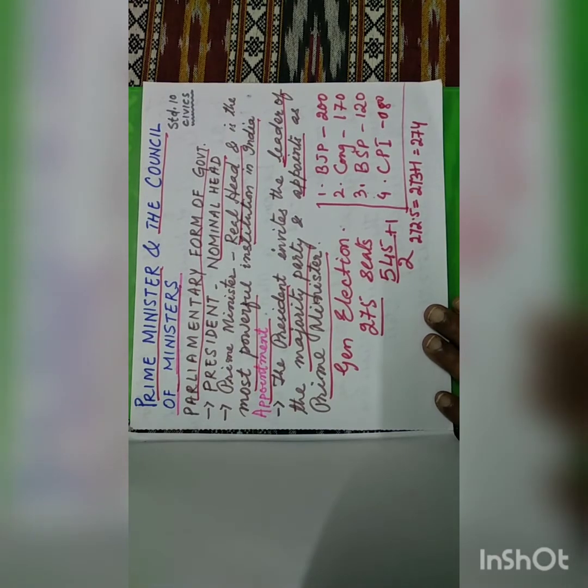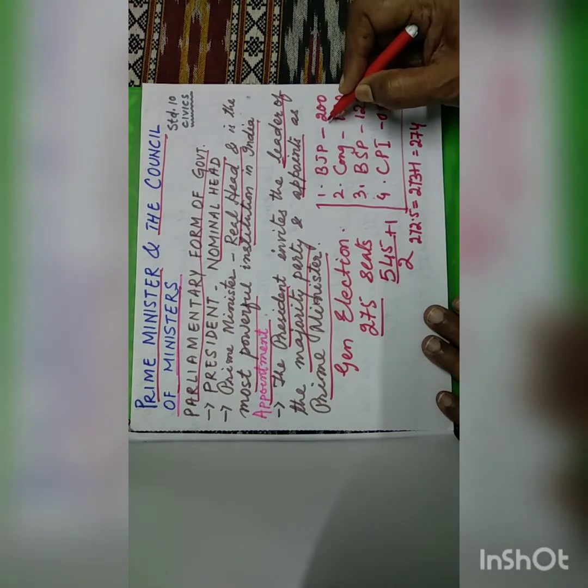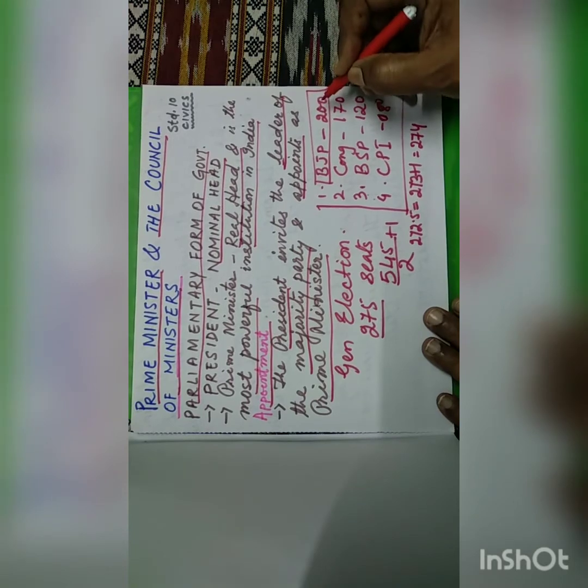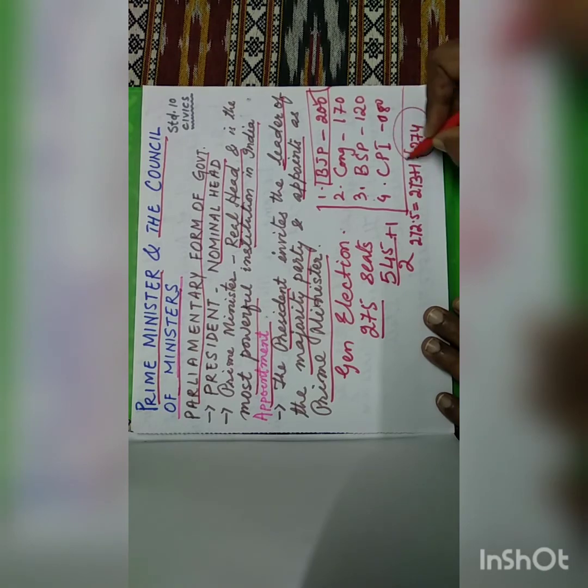In such a case, the President should not invite the leader of the first party to become the Prime Minister. Though there is a marginally higher number of seats, they don't have the required number, that is 274.